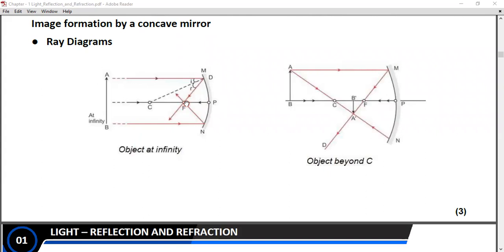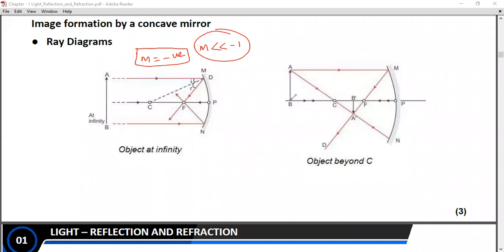I repeat, the nature of image in the first case will be very small, inverted. That's why magnification will be negative. Here we will see that magnification comes out to be negative, and it simply indicates that the image formed will be inverted, or else we will write like this: magnification will be many times less than -1.